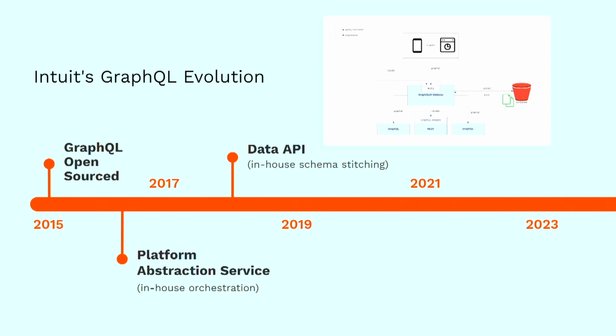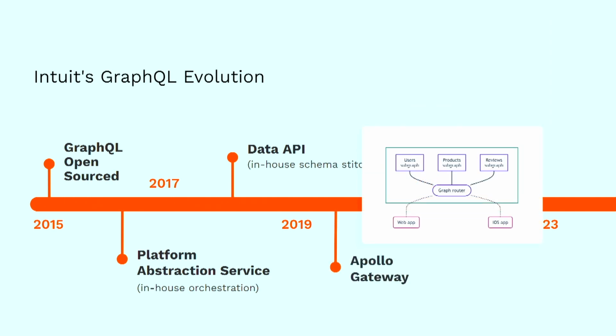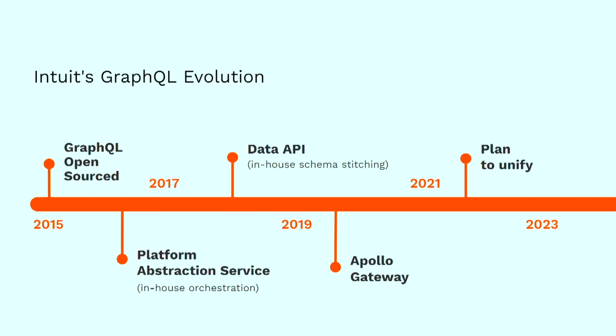At this time, we started seeing Apollo Gateway as well in Intuit. There were teams using Apollo Gateway as another gateway. So we had 3 different gateways merging subgraph schemas in 3 different ways.